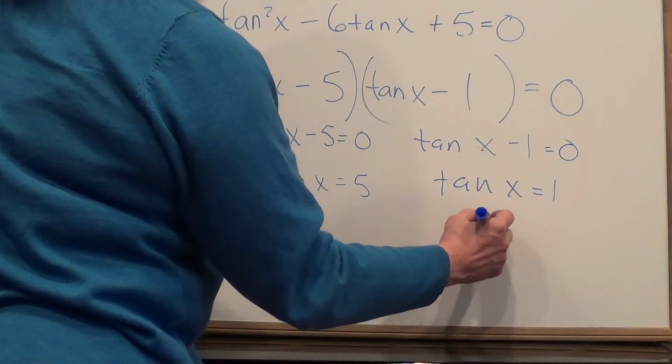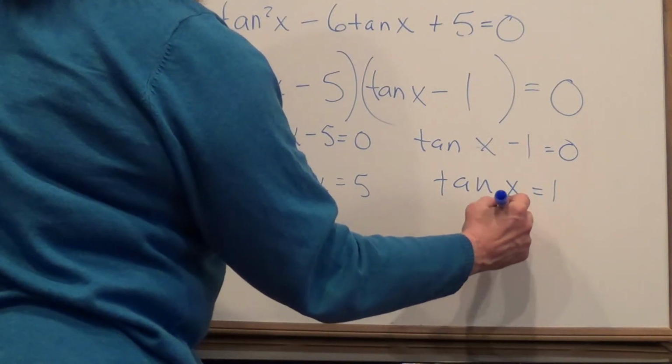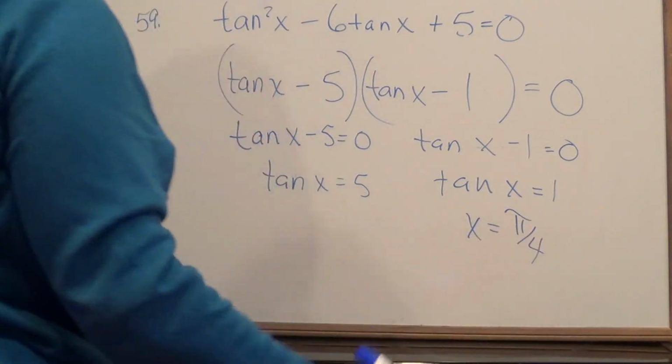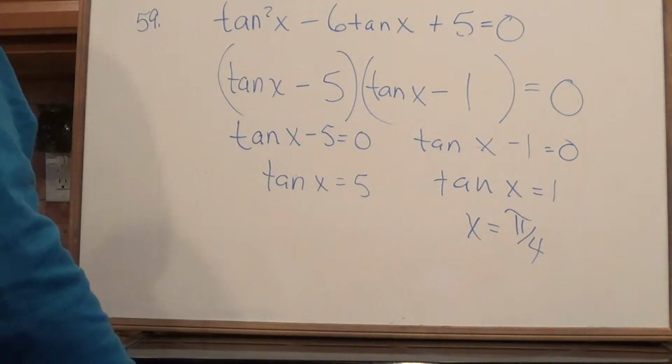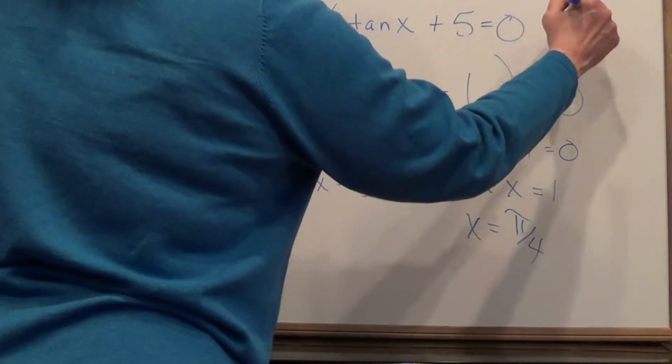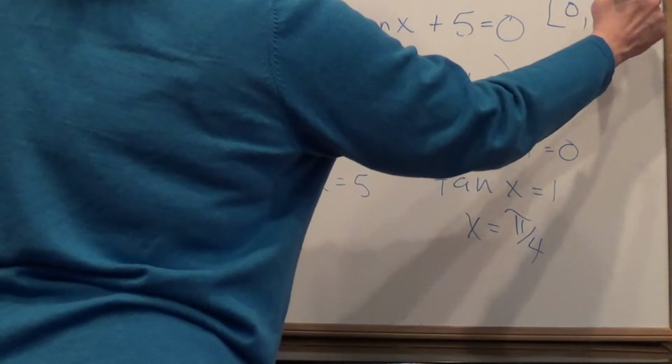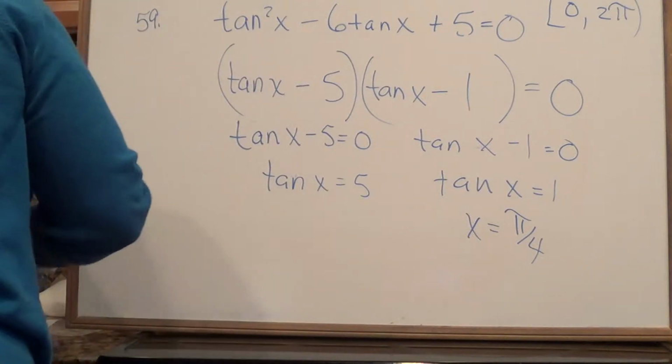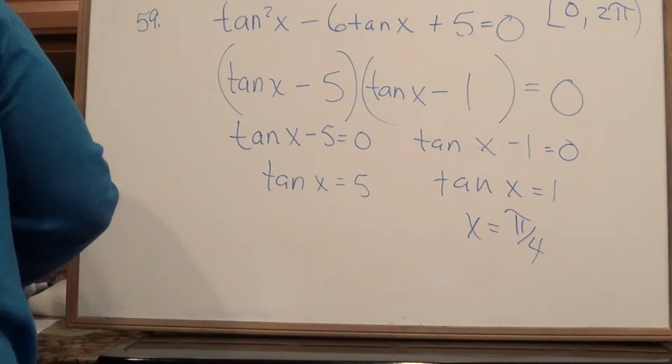I know that that happens at pi over 4. And is there another place? On this one, we are also looking between 0 and 2 pi. I think I assigned that for number 59. Let me check. Yeah, no.